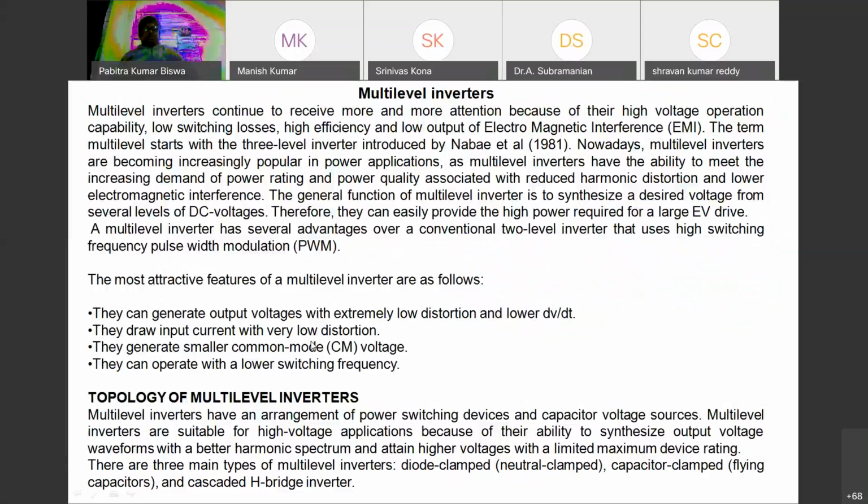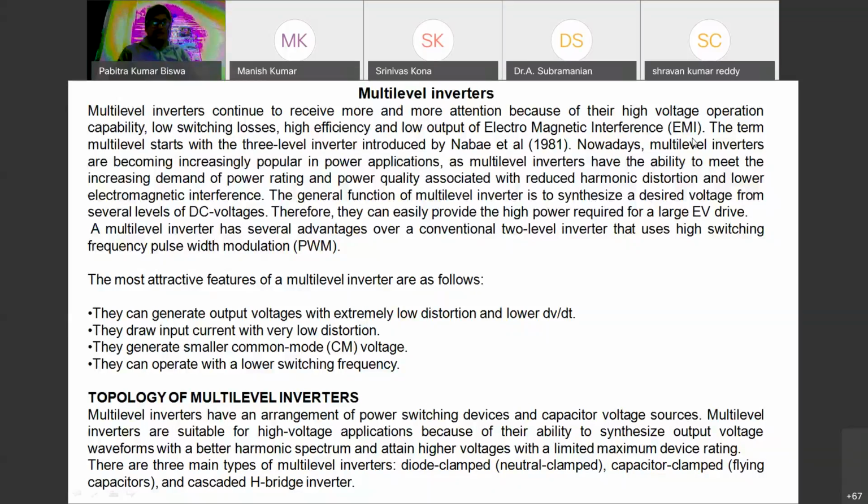Now I am discussing another important inverter, the multi-level inverter. There are disadvantages of the two-level inverter because there are many harmonics, high distortion, and high dv/dt. So multi-level inverters continue to receive more and more attention because of high voltage operation capability, low switching loss, high efficiency, and good electromagnetic interference.